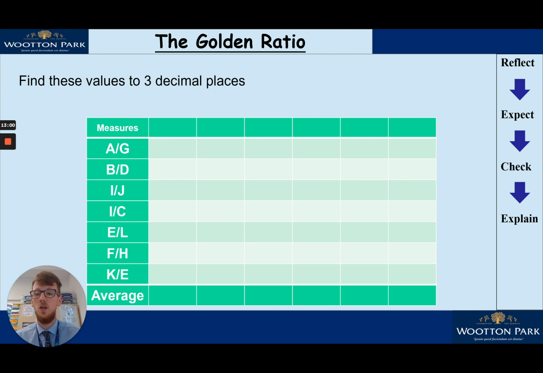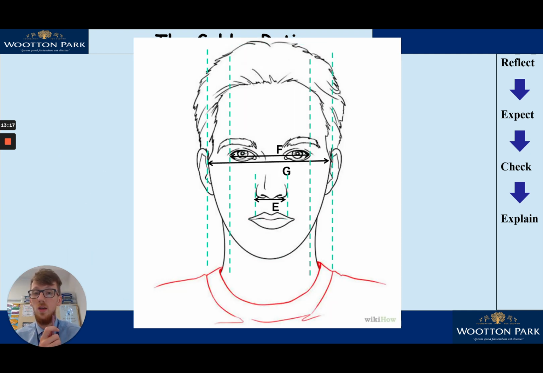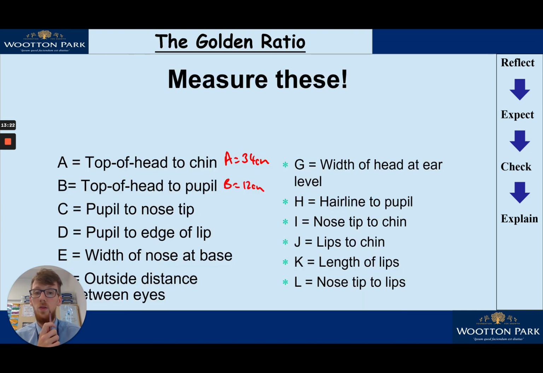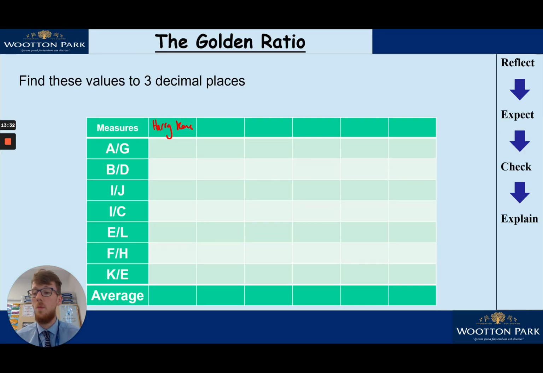So then what I'd like you to do is take your measurements or the other people's measurements and work out these divisions. So for example, if I was looking at Harry Kane, and I took A, which was the top of his head to his chin, and I divided it by G, which was the width of your head at ear level, then I might get 1.62.